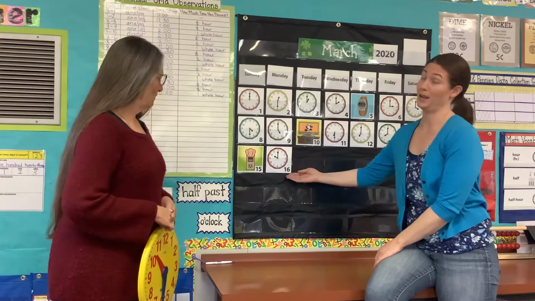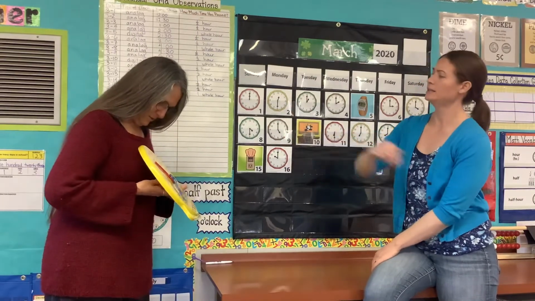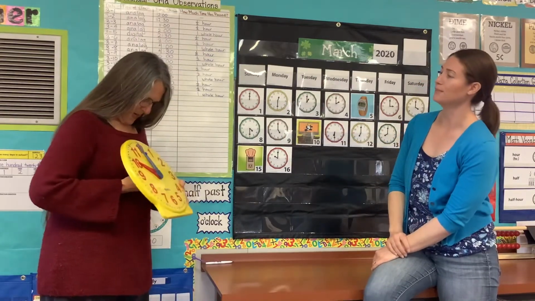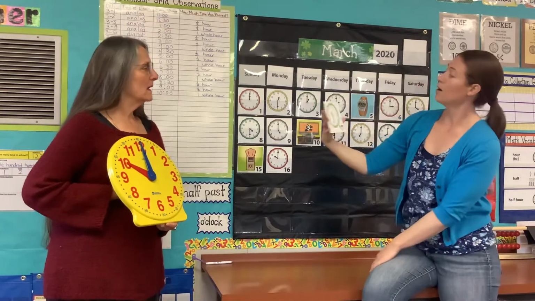Yesterday, or the day before, was March 16th. It was 10 o'clock. Let's see where we were, Miss Bean. 10 o'clock. Let's take a look at what March 17th is going to be. March 17th says 10:30.